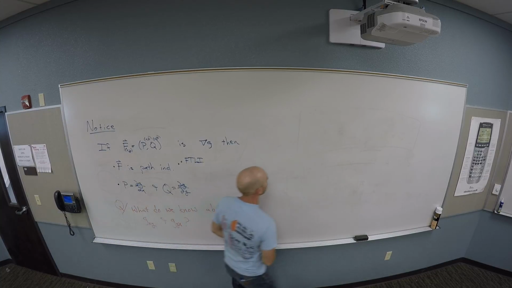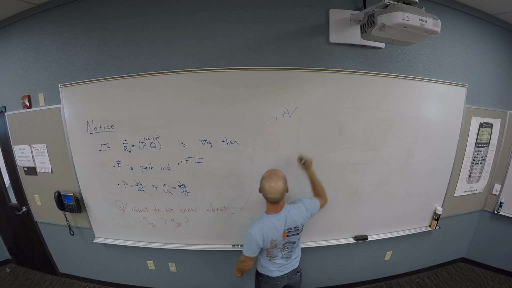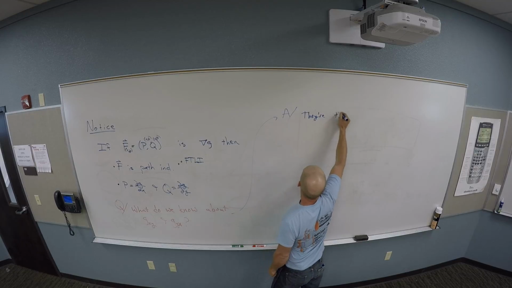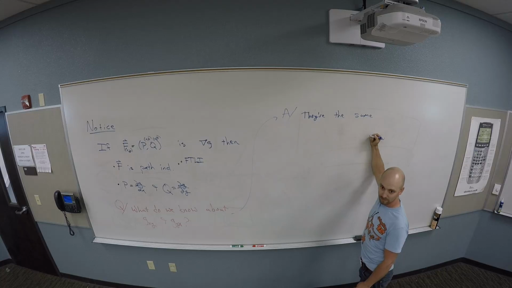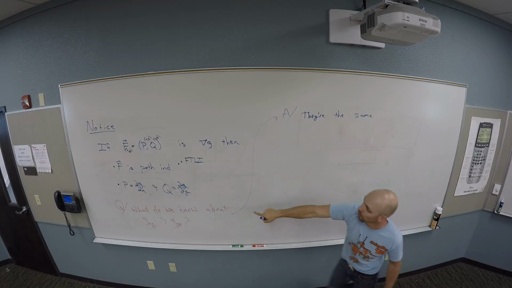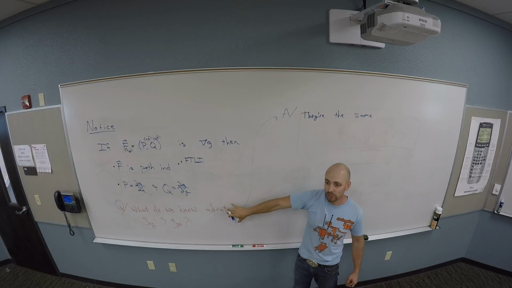Well, what I know about them is they're the same, if it's a gradient. Yeah. So I'm not asking about f right now. I'm just talking about this function g.